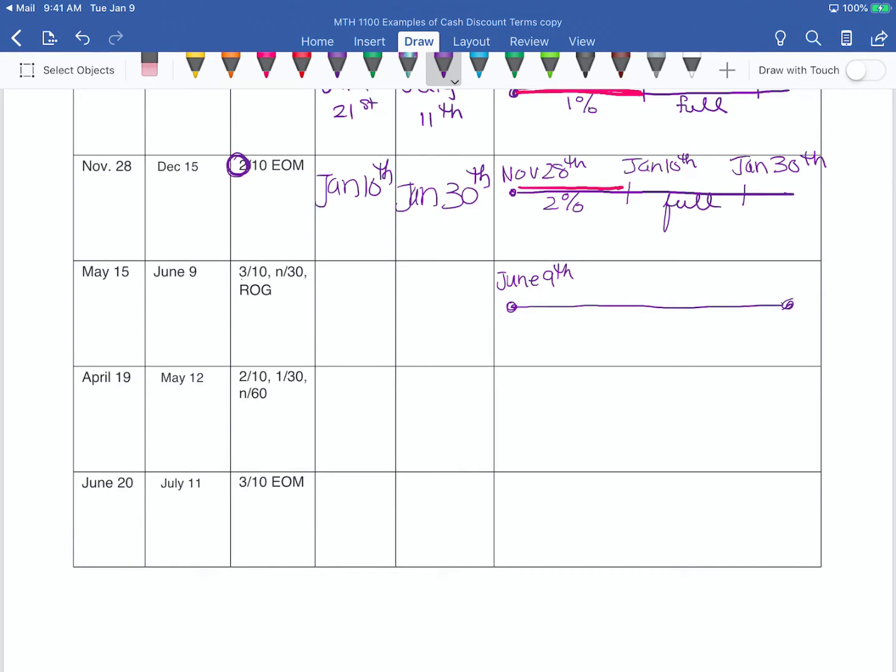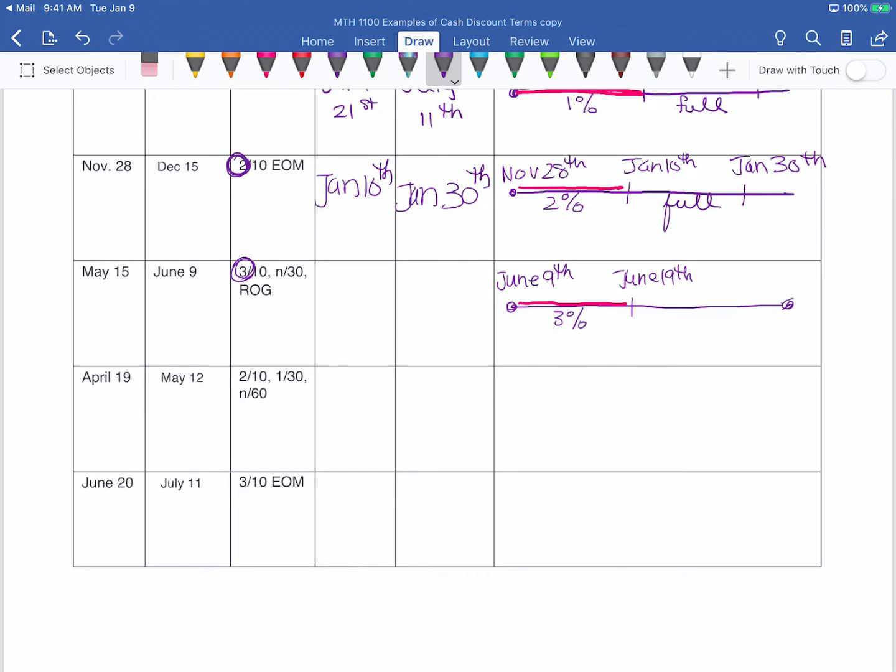Now this is telling me I get a 3% discount if I pay within 10 days. So if I pay by June 19th, I'm going to get a 3% discount. So here's my discount period.